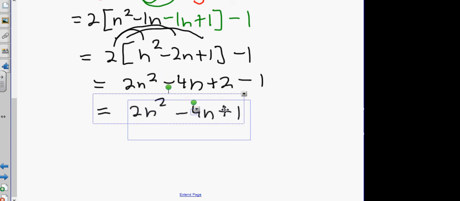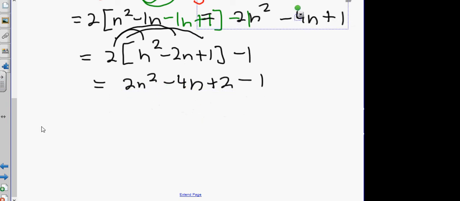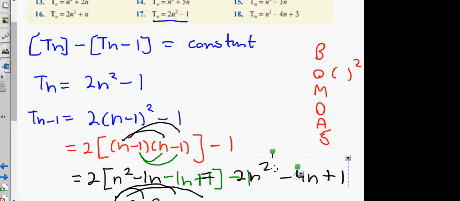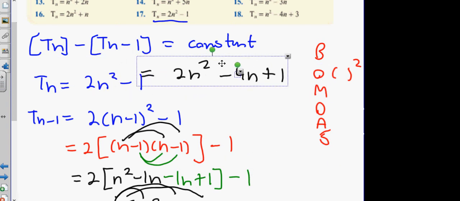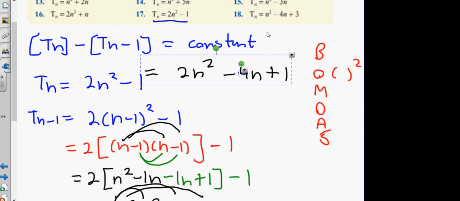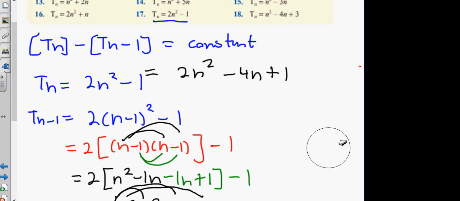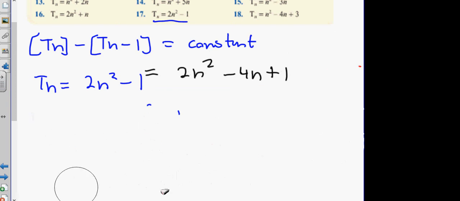Now, what we got to do with this answer is we're going to bring it up here and use it in the following equation. Okay, so what we know about the next part is that Tn, this part here, is 2n squared minus 1.